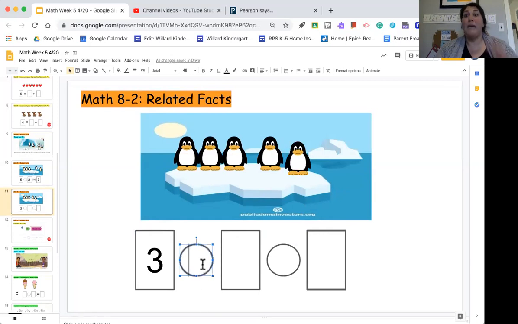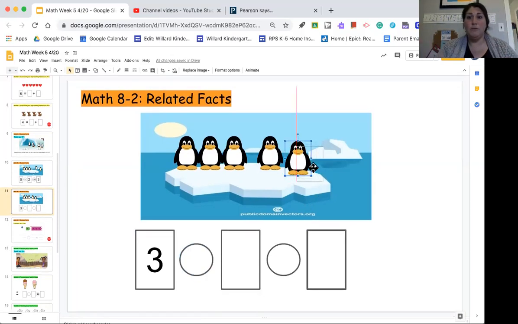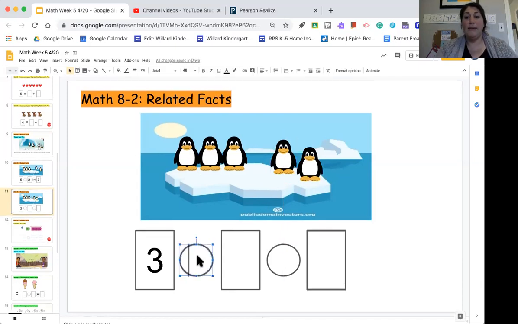So we had 3. I'm going to just move these over so it looks a little bit like 2 different groups. We now know our 2 friends came back. So 3 plus 2 equals 5.